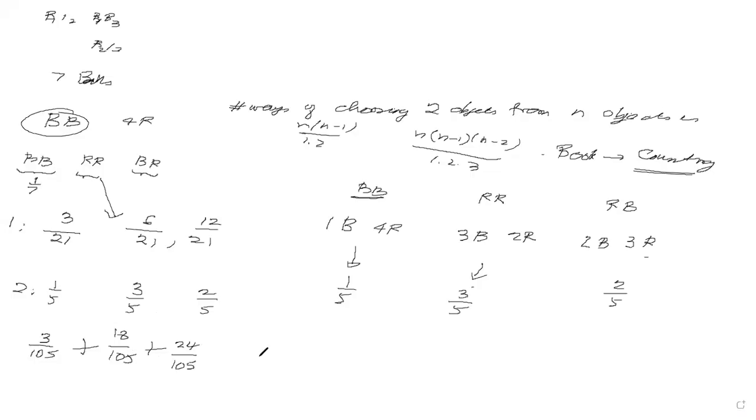You may add them, and you will get 3 plus 18 is 21, plus 24 is 45. So there is a probability that he picks up the blue. That's the answer to the question. But they said it's x over 210, if you recall. So you can say 210 is twice 105. So x must be 90.